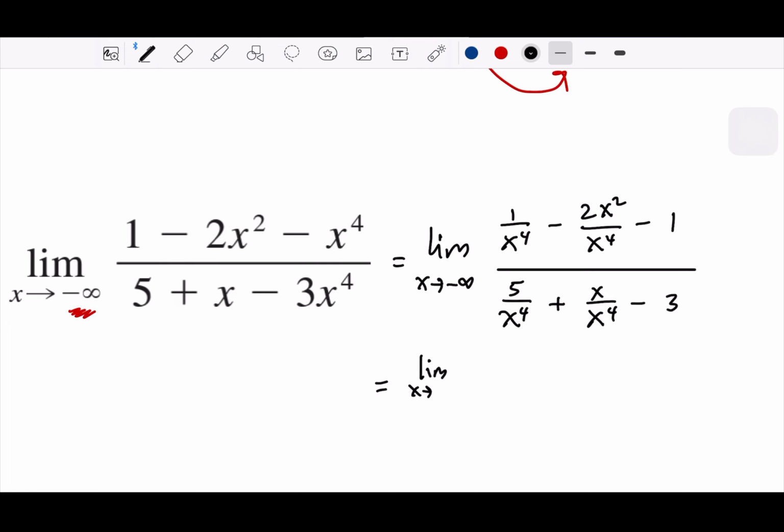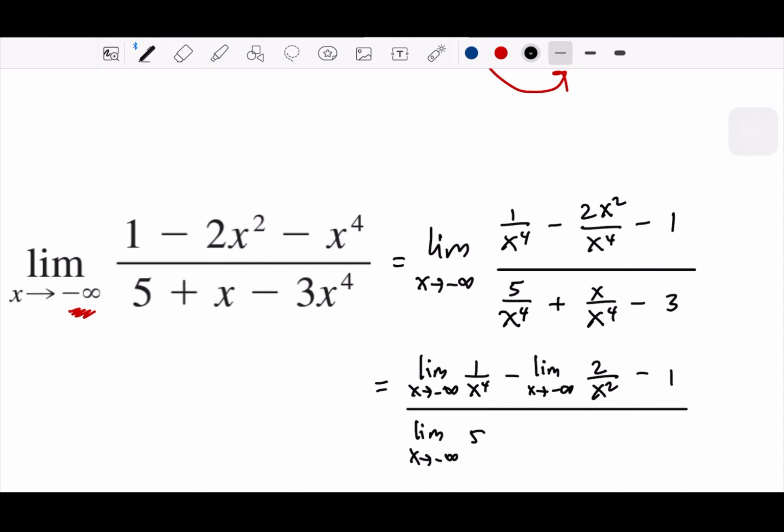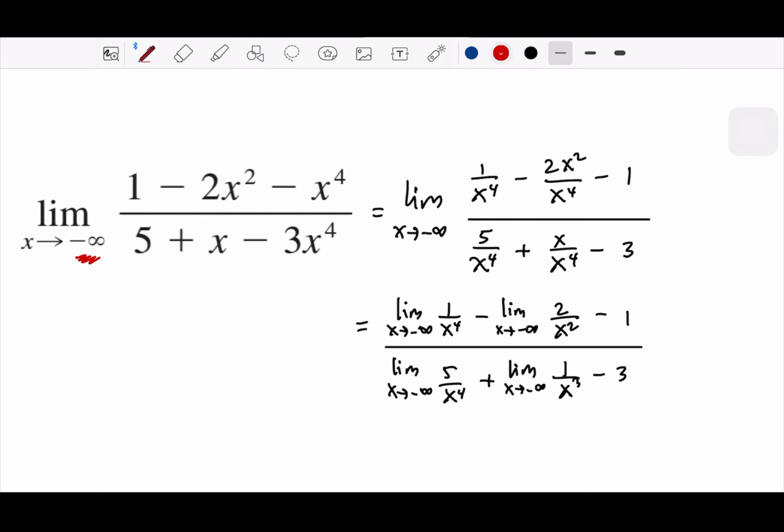And then we can take the limit for all terms, and the whole thing here will be 0, right? So we can write that this is 1 over 3. Okay.